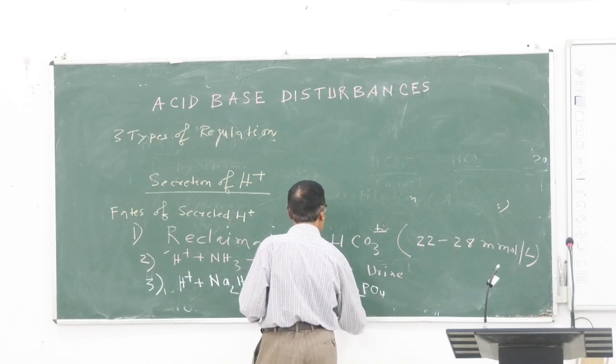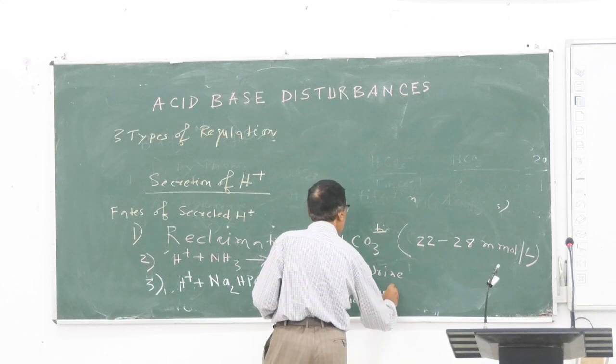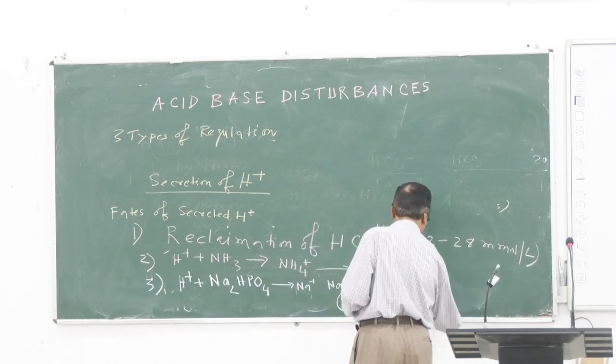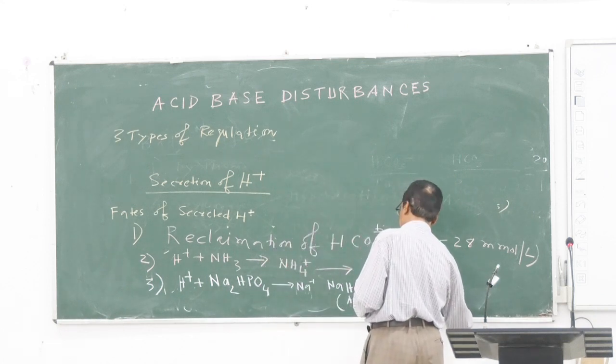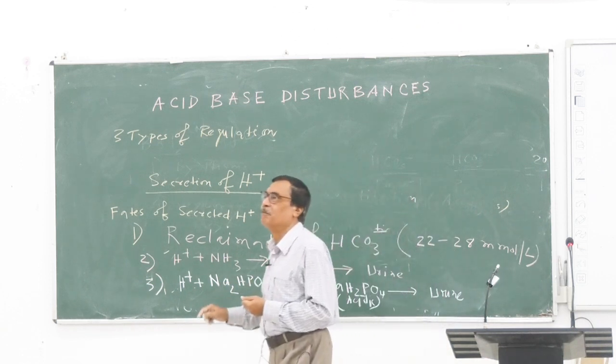This is acidic and it is excreted through urine. And the urine pH is low because of this reaction.